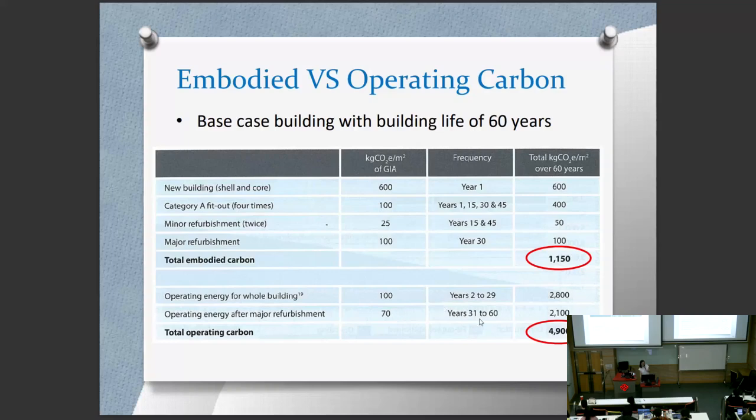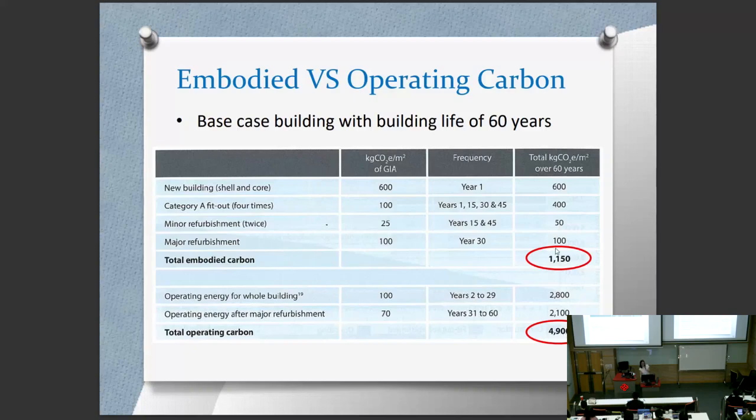And then for the next 30 years, the operating carbon every year will be 70. So multiply by 30, and we have this value. So this 4,900 is the operating carbon in 60 years.